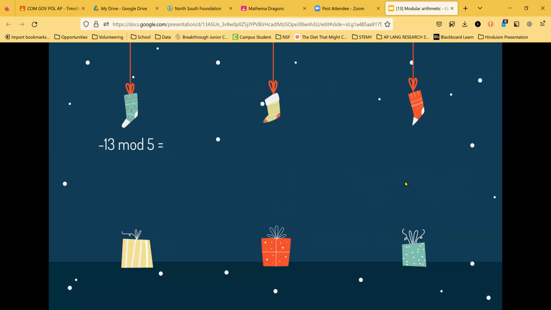Okay, so what is negative 13 mod 5 in the chat?